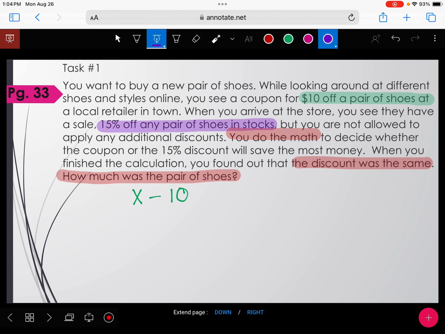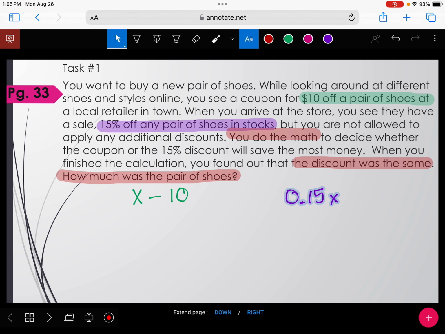How do we do 15% off a pair of shoes? 0.15 times X, right? But does this mean we're paying what's left over after a 15% tax or 15% off? That's the discount. So what do I need to do with that?